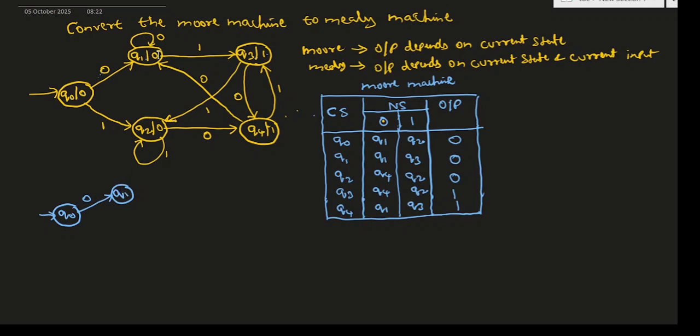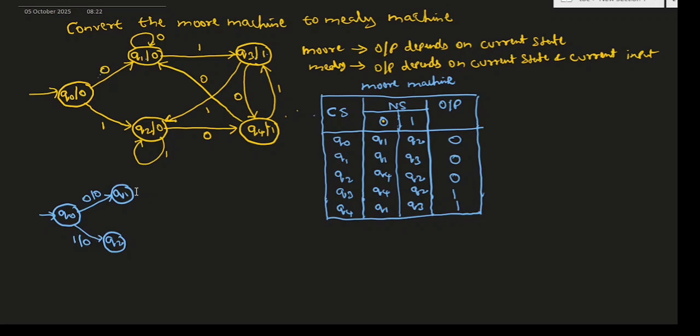The output for Q1 is 0. So I write it as 0 bar 0. In Q0, when I apply 1, it goes to Q2. But what is the output for Q2? Q2 has output 0. So I write 1 comma 0.